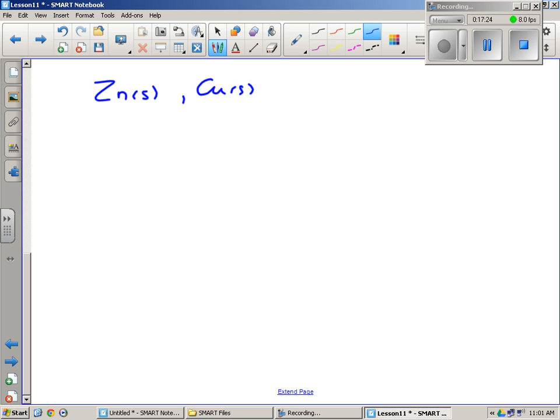A zinc half cell. Well, let's think about this. If zinc was a half cell, remember we said a half cell involves a metal and probably a metal ion. What would zinc probably form as a metal ion? Probably zinc 2+. So we better write that one down as well. So this is where it's a little different here. Okay?